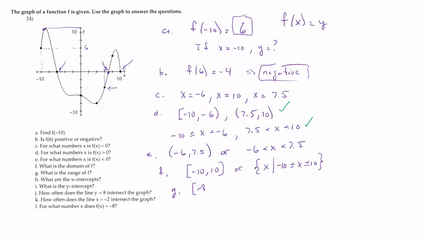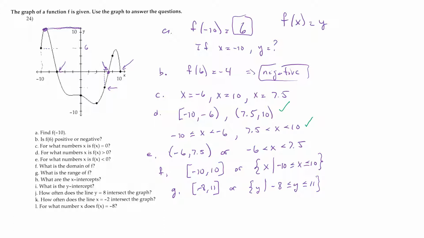It looks like the highest y coordinate is 11 to me, but it's not labeled, so if someone put 12, I think the grader would need to mark this right, because the y coordinate of this point isn't labeled. It looks like it's 11, so negative 8 to 11, and we could answer in interval notation or as an inequality once again.